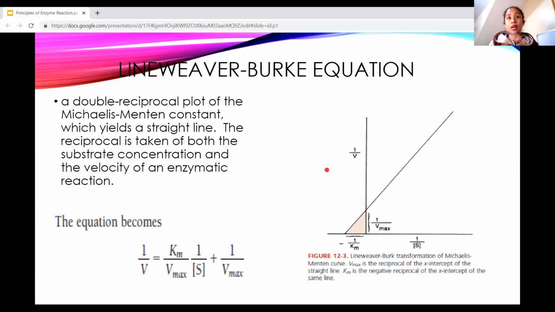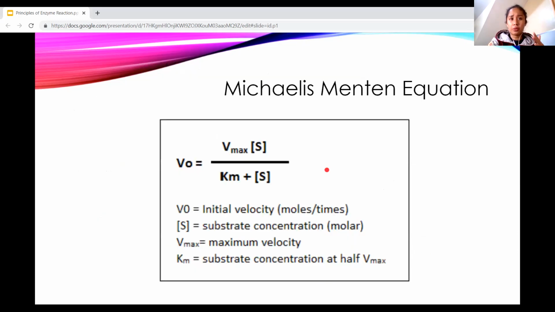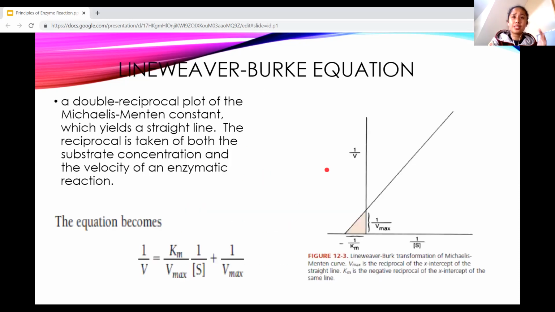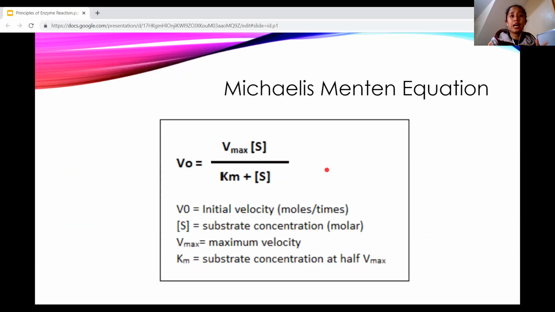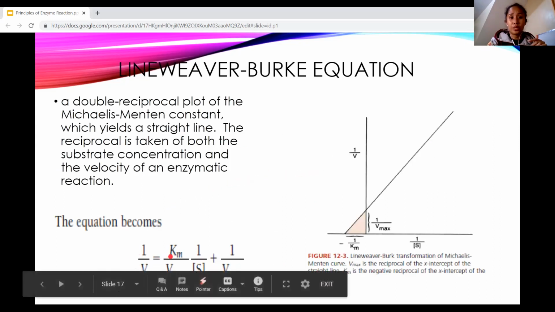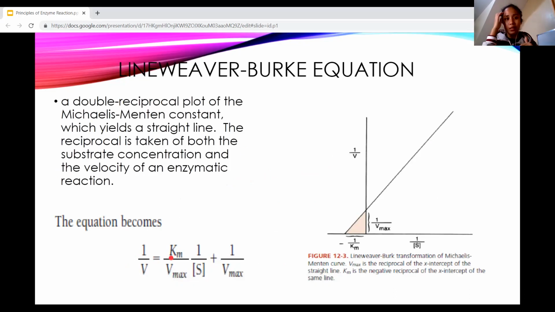So they created the Lineweaver-Burk equation. From the Michaelis-Menten equation, it's almost the same. What they did is just make it a reciprocal. So, instead of V0, they used 1 over V0. They made a double reciprocal plot: they put 1 as the numerator and made the V0 the denominator.